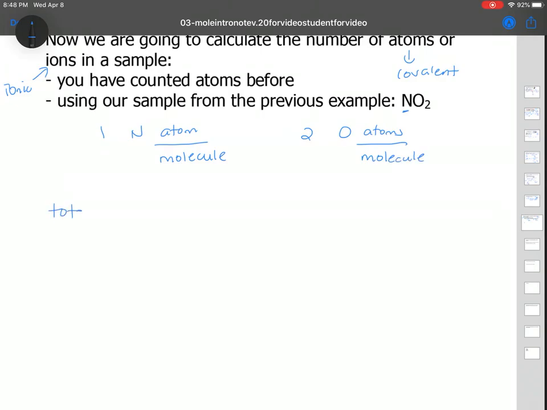And if we did the total, we have 3 total atoms, 2 plus 1 is 3, per molecule. Which is fine when we were balancing because we were just trying to match them up to the other side. But now we're saying, well, in our sample that we were just talking about, how many molecules did we have? Well, we had 7.525 times 10 to the power of 23 molecules.